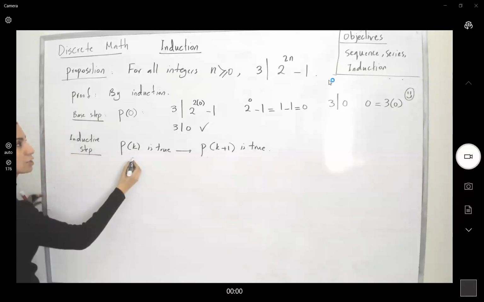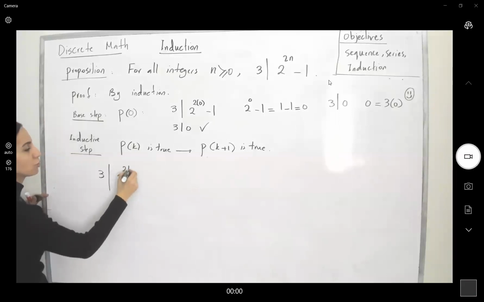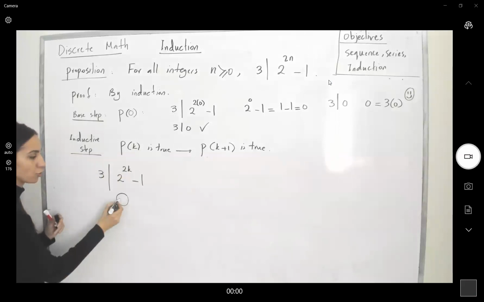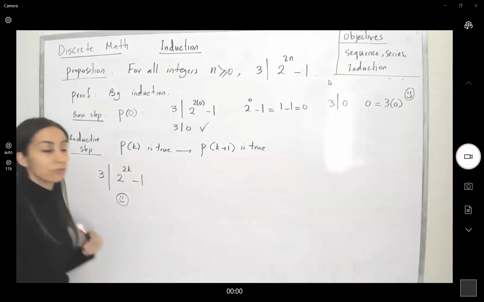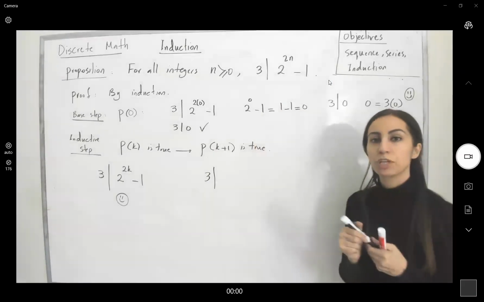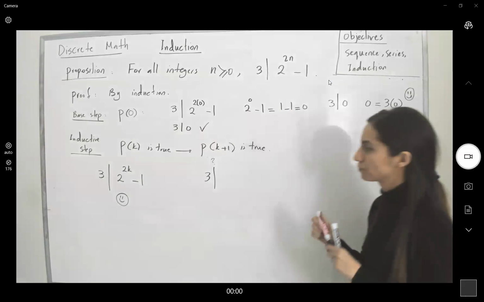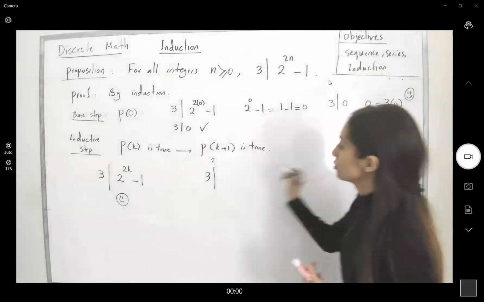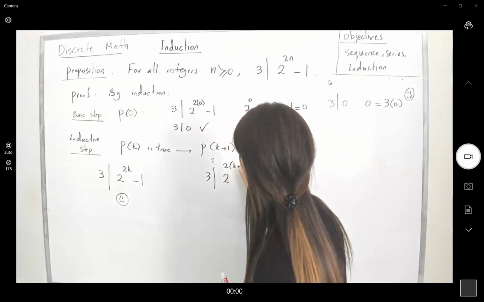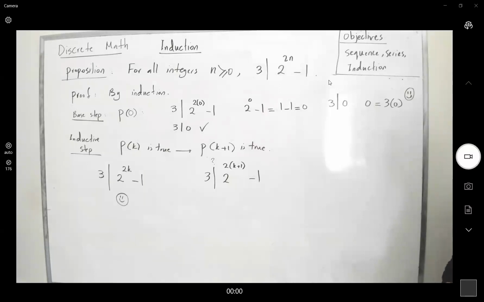It means that we assume that 3 is a factor of 2 to the 2k minus 1. We assume this is true. We want to prove that 3 divides, so I'm going to put a question mark on top of it, 3 divides 2 to the 2 times k plus 1, minus 1. You need to prove this.